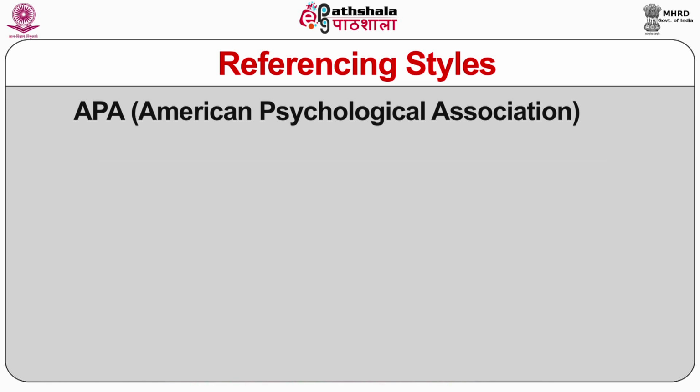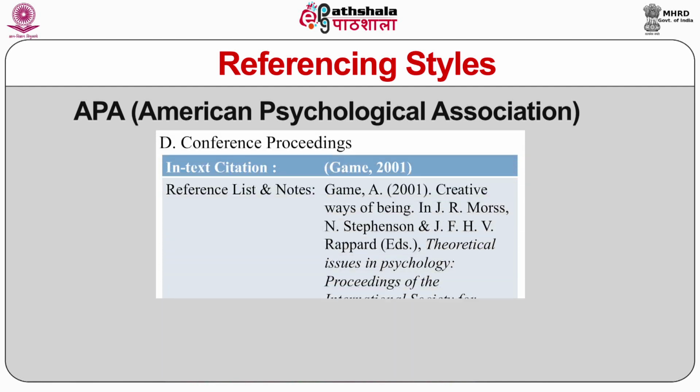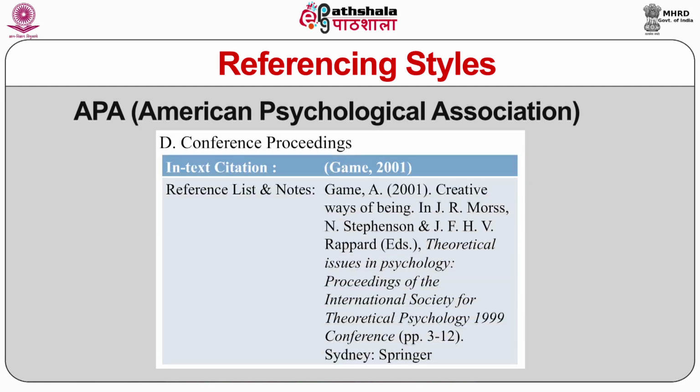In case you cite a work from some conference proceeding, the in-text citation will be the last name again, comma, the year, and at the end of the document in the references, the last name, the first initial, the year, then the details, The Creative Ways of Being in J.R. Morrison and Stephenson and J.F.H.V. Rappard.